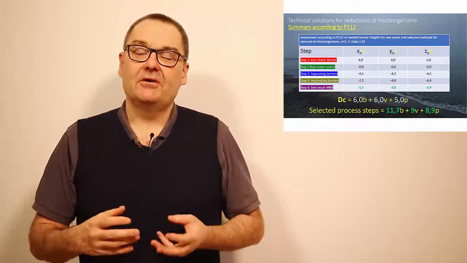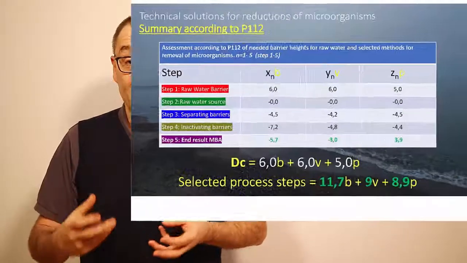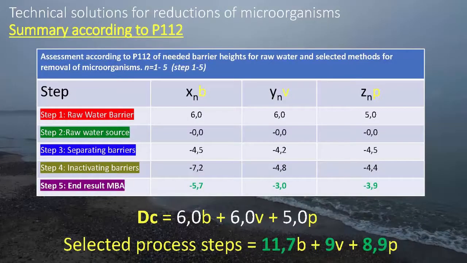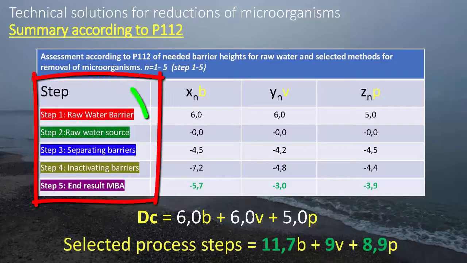To sum this up according to the Swedish guideline P112 for MBAs, we're going to look at this table. Here you see you have 5 steps. Step 1 is the raw water barriers needed as a minimum requirement, as we started out doing in this video.